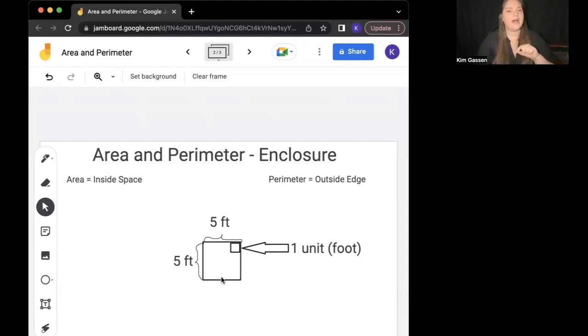If I put a lion in this enclosure, how much space is he going to have? 5 feet by 5 feet. 5th grade, what is 5 times 5? 25. Oh my gosh, you guys are so fast. Good job. So the area of my lion enclosure is 25 feet squared. Squared means we're talking about the inside of a space.